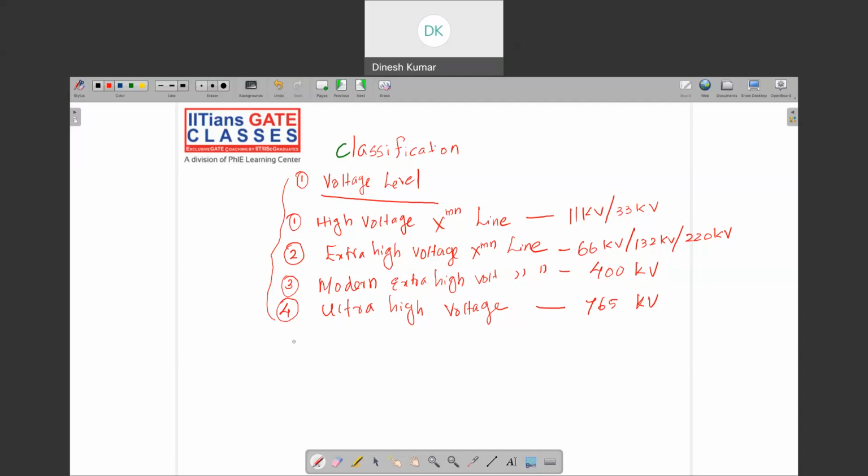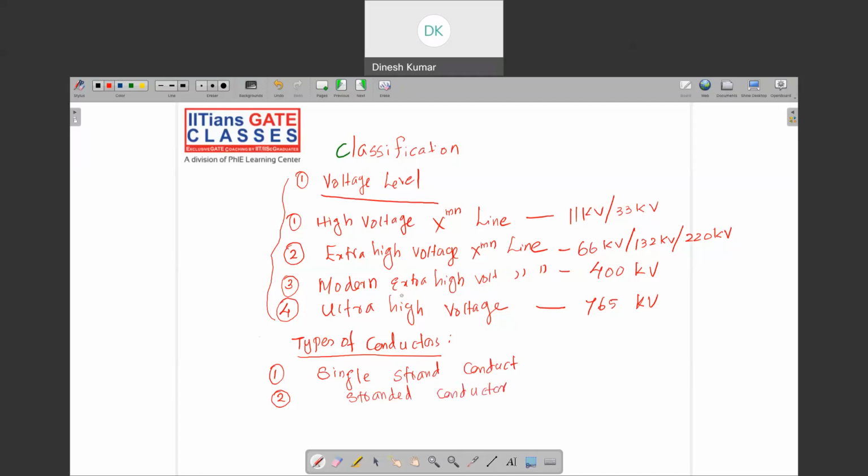So the next classification is based on types of conductors. What are the different types of conductors which can be used for a transmission system? Just remember all these names because they might ask you in the interview. The first one is single strand conductor, and the second one is stranded conductor. Single strand, and stranded means multi-strand.